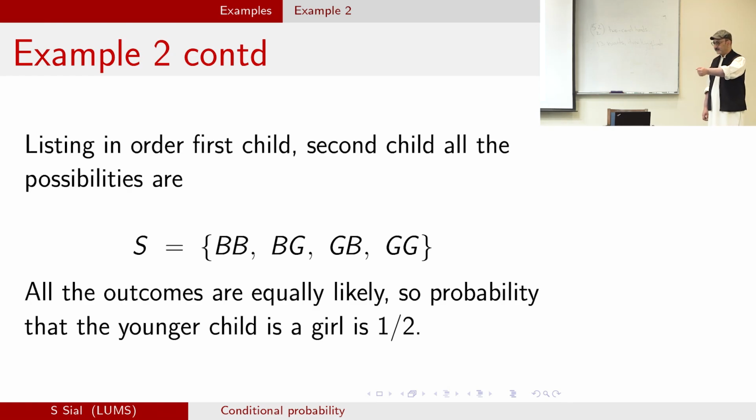Younger child, older child, boy or girl: boy-boy, boy-girl, girl-boy, and girl-girl. All the outcomes are equally likely. So the probability that the younger child is a girl is 1/2, 2 out of 4 equally likely outcomes. We already said that.